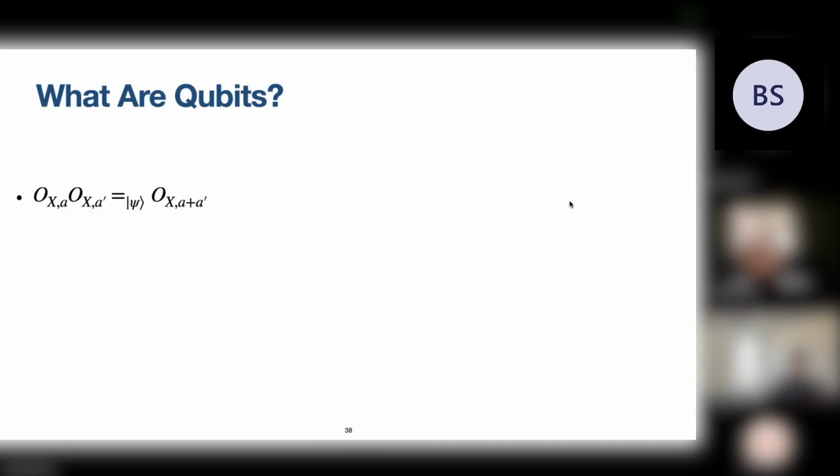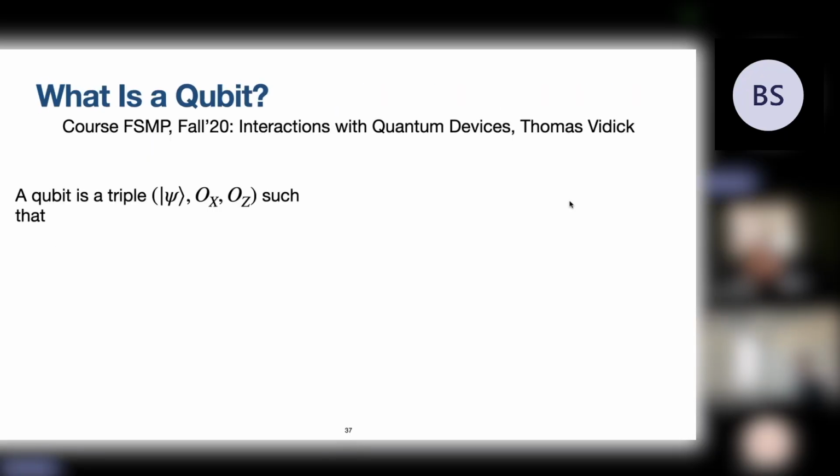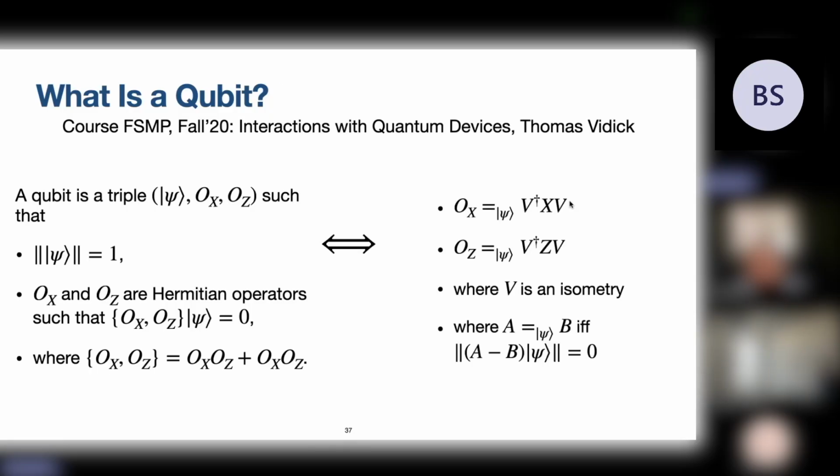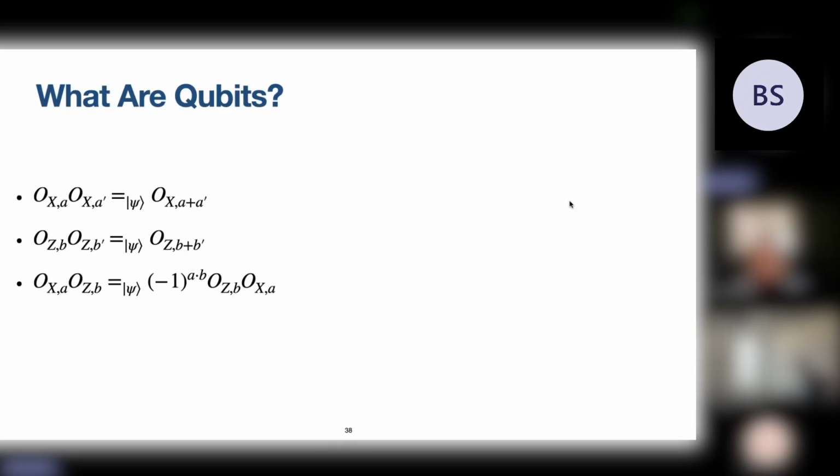And for qubits it's similar. In this definition, for one qubit, you only have one anti-commuting equation. For many qubits, you are going to have many anti-commuting relationships and linear equations. Basically, this is just the equations that X_A and Z_B satisfy.